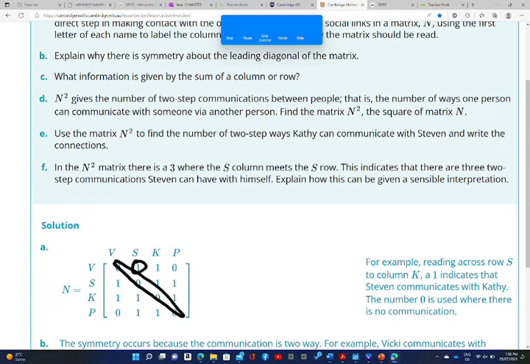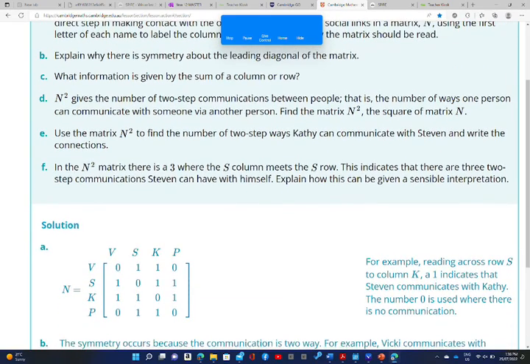Then all of the other connections you can see are symmetrical along that. And again, that's because of the way the connections go. So one line away is all ones, 2 lines away is all ones, 3 lines away, all zeros. Okay? We're going to talk a little bit about what that means and what that does to the matrix. So let's see what questions they ask you.